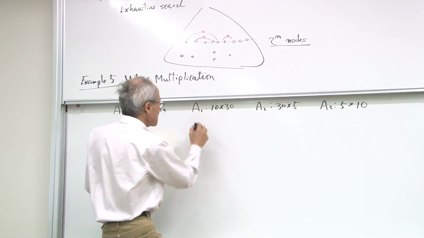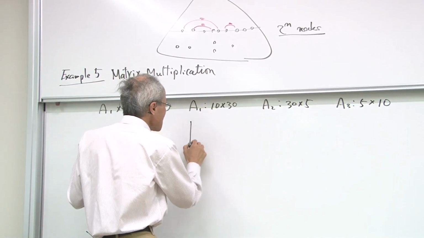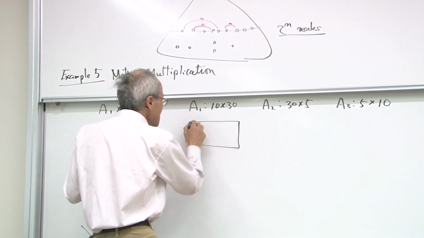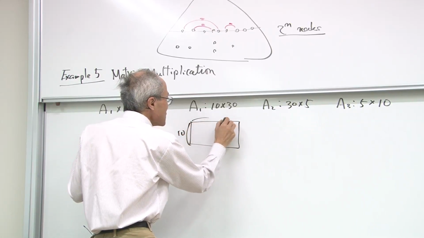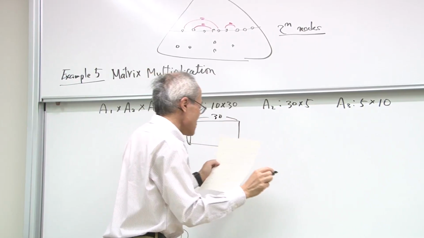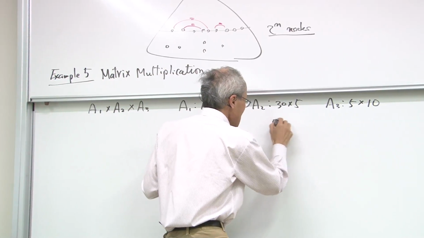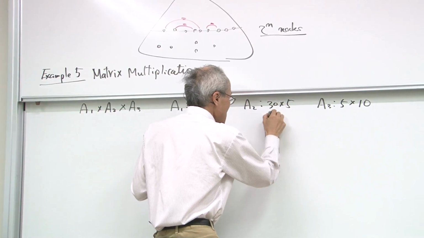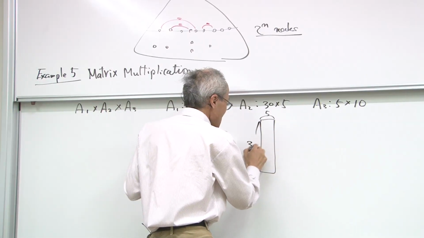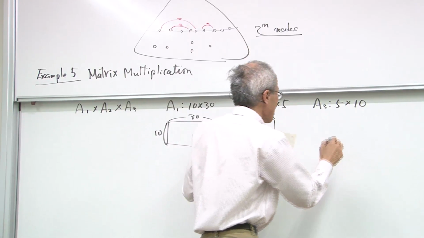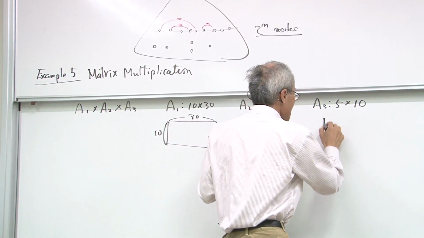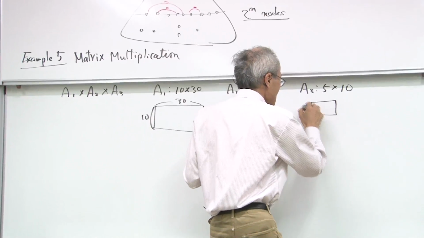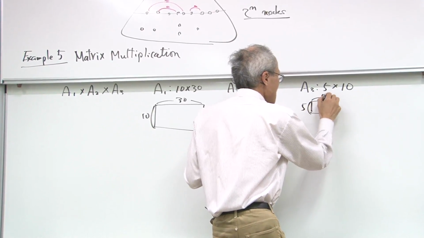That means A1, A2 and A3 look like this.